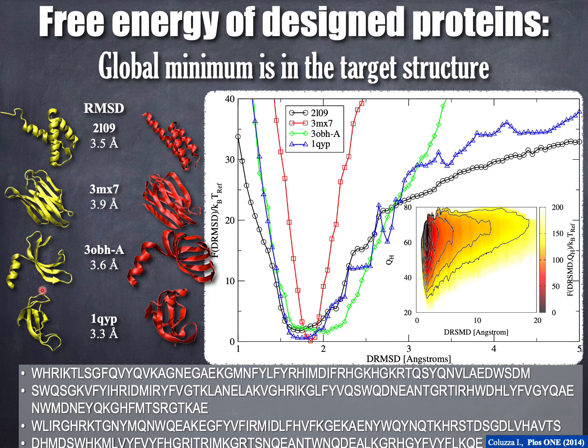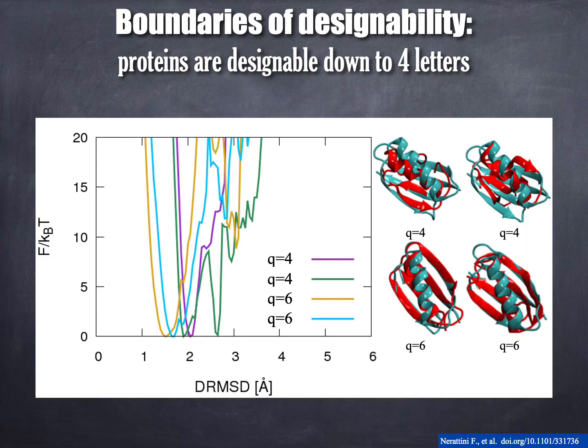Now, one question that arises from this result is, can we generalize the properties of the caterpillar to any other heteropolymer? Before going into the wider category of any heteropolymer, one interesting result that can be obtained with such a model is testing what is the minimum alphabet size that can be used to design a caterpillar protein.